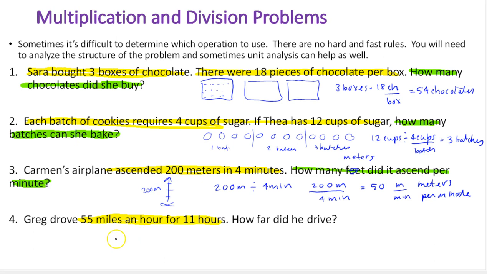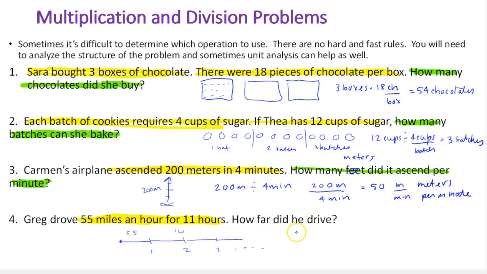So you could think of time as starting here. In 1 hour, he drove 55 miles. In 2 hours, he drove another 55, which would be 110. Okay, and this is going to happen 11 times, which I'm not going to draw. But notice we want 55 miles, we want 11 copies of that. So in 11 hours, he's going to go 55 miles an hour each of those 11 hours. Okay, notice this is also a distance equals rate times time problem.